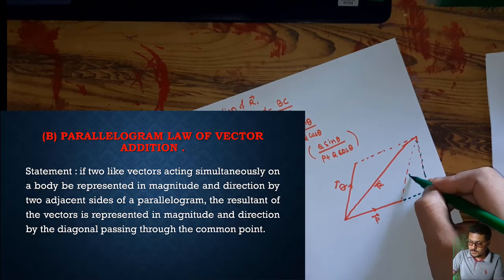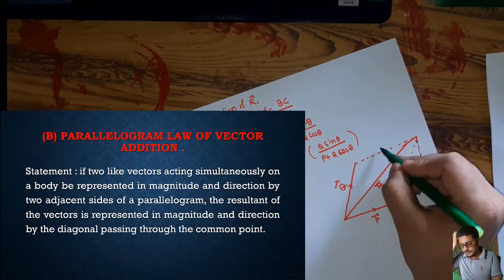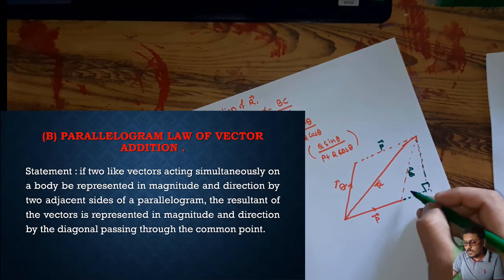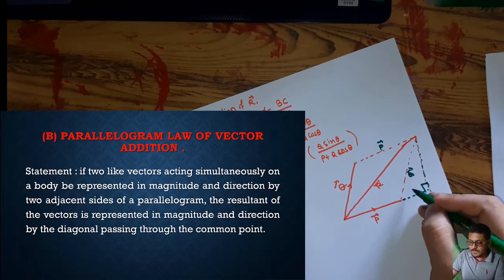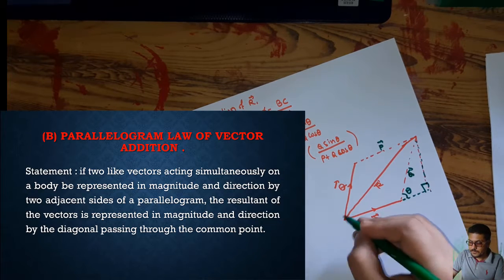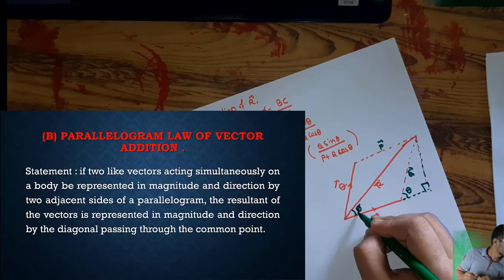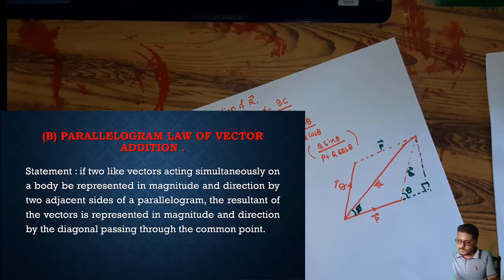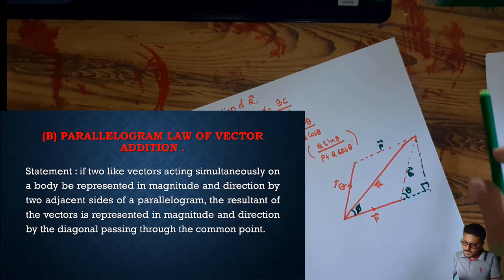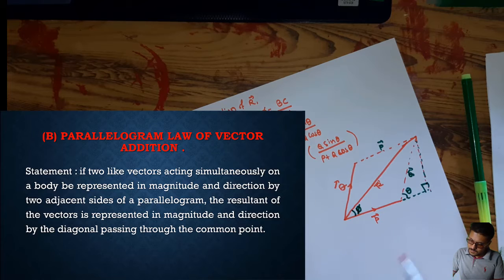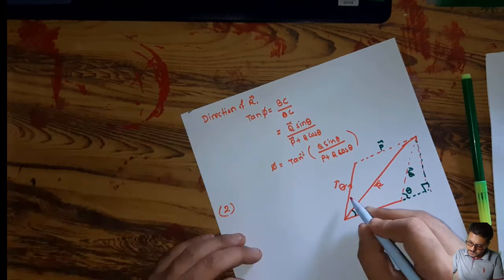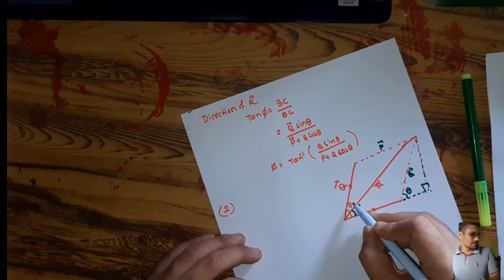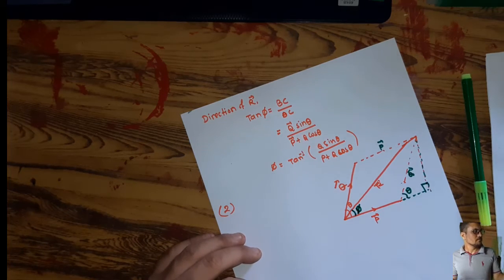If this is Q, then this should be Q, because the opposite sides of a parallelogram are equal. Now this is theta and this should be phi. Similar case, here the phi is just half of this theta, because these two are parallel lines. If this is theta, then this whole should be theta here. We have to remember this.